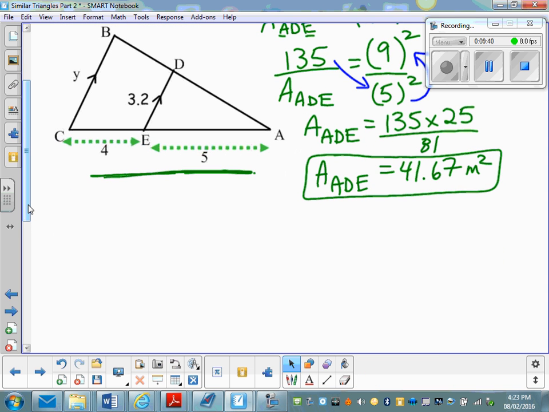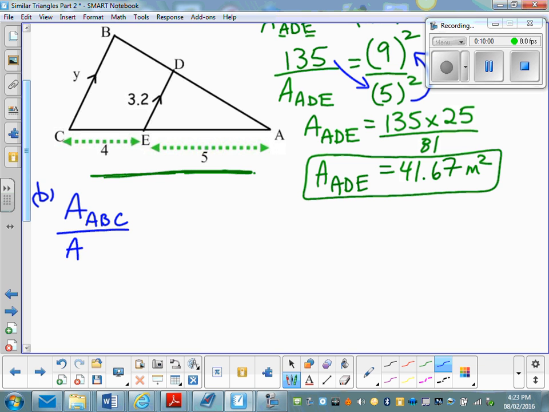Okay, so to solve for y here, I now know those two areas. So I know the area of triangle ABC and the area of triangle ADE.